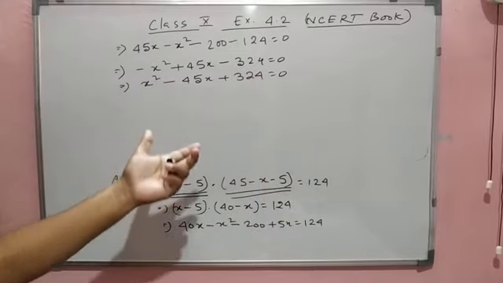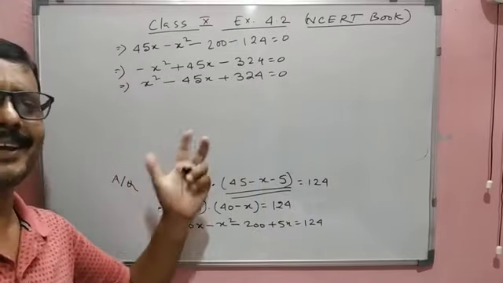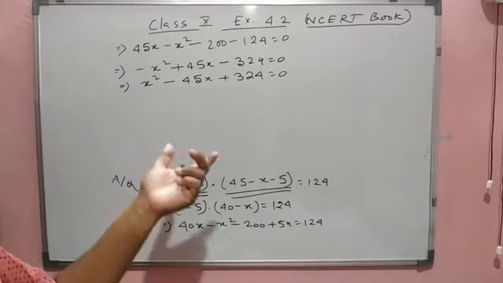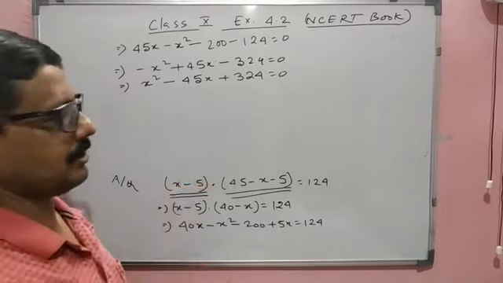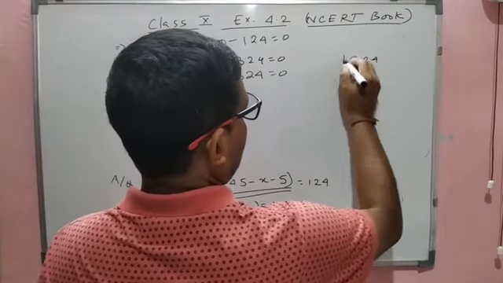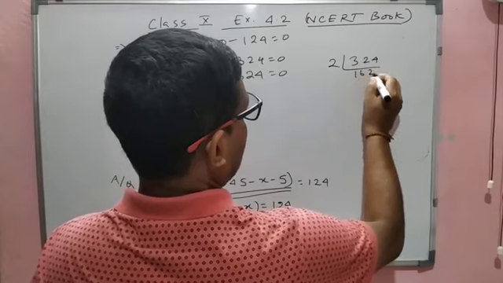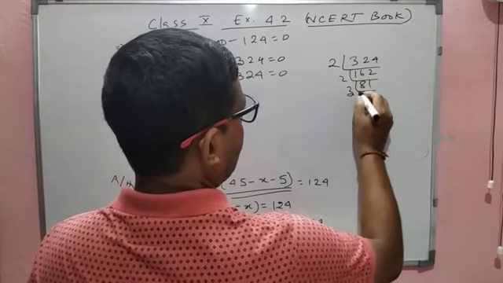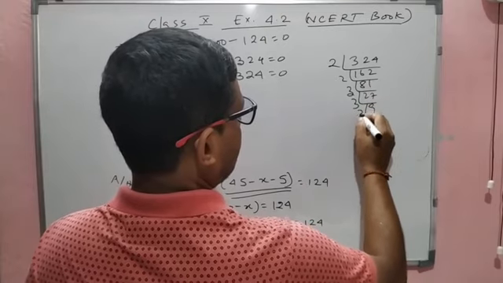This is the equation. Now we have to solve this, and we can apply any method. We learned 3 methods: factorization method, completing square method, and quadratic formula. So we can apply any method. Let us solve by factorization method. 324: 2, then 162, 2 then 81, 3, 27, 3, 9, 3, 3.